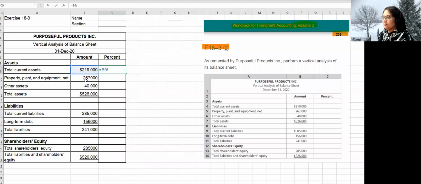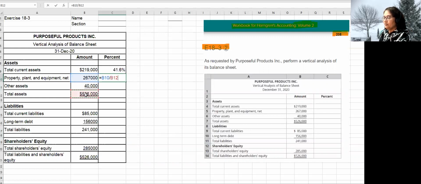So you divide 219,000 by 526,000, and we get 41.6 percent, meaning that total current assets represent 41.6 percent of the total assets. I follow the same steps for the property, plant and equipment, PPE, net of depreciation.